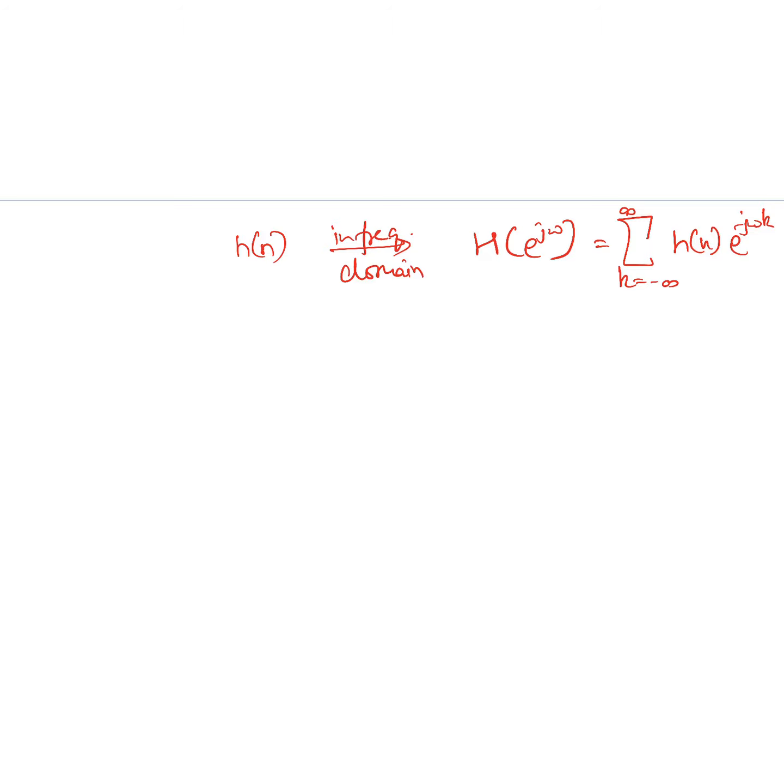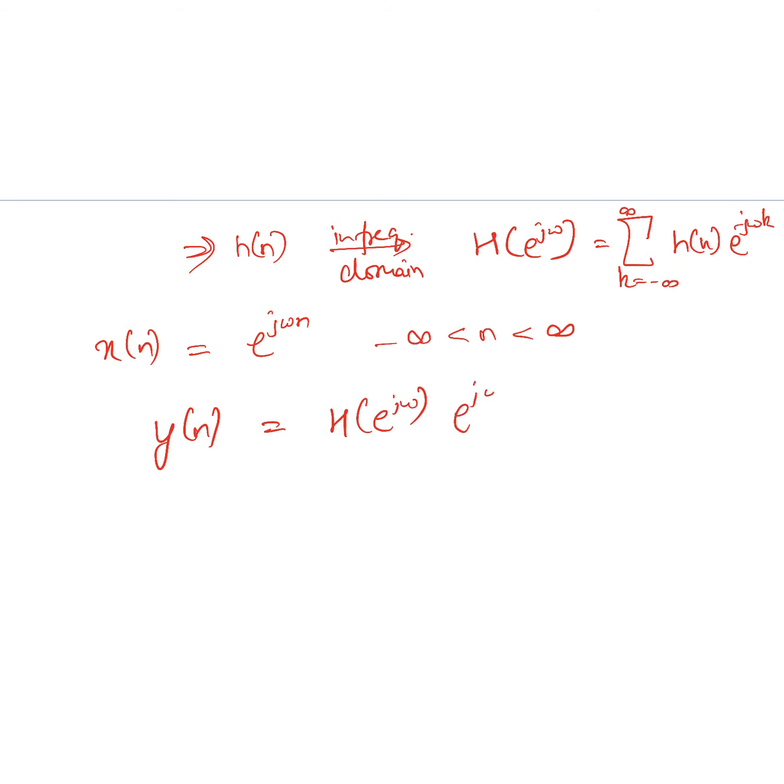Okay, now if I apply the input x of n to the system whose impulse response is h of n, and let's say this input is your complex exponential e to the power j omega n, where n goes from minus infinity to infinity, then you can write your y of n as H of e to the power j omega times e to the power j omega n.